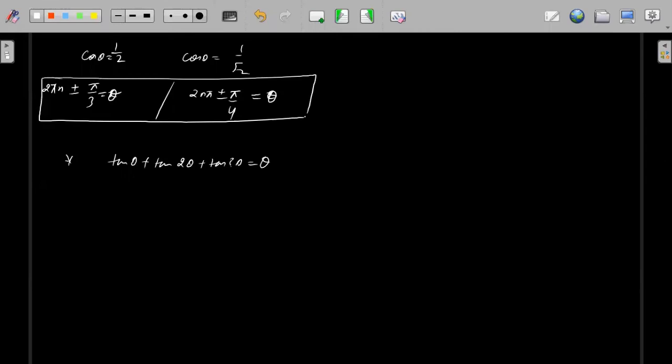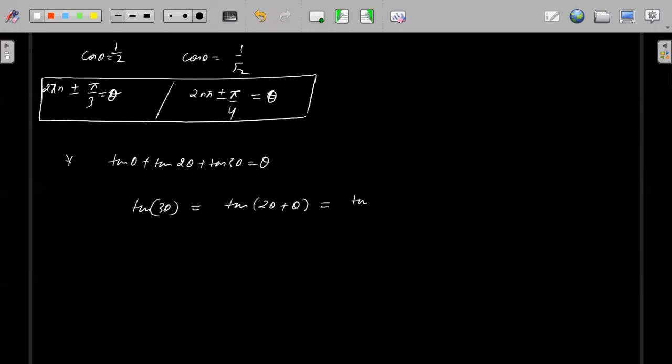tan of 3 theta I can write as tan of 2 theta plus theta.